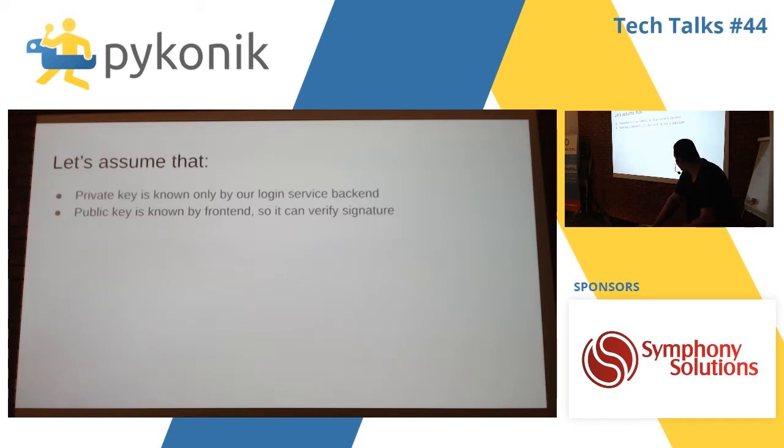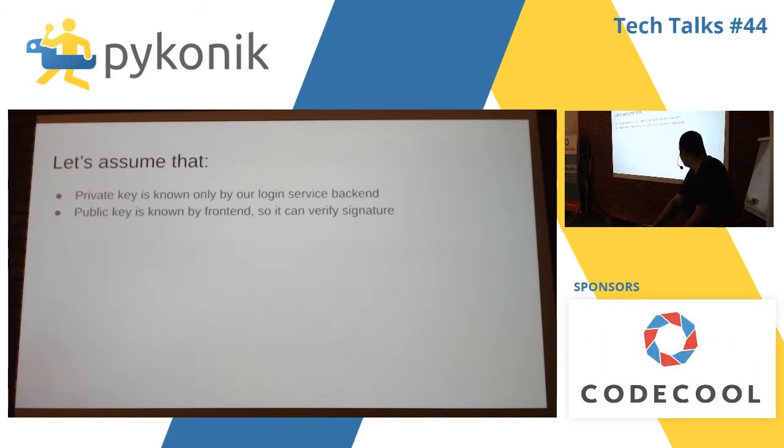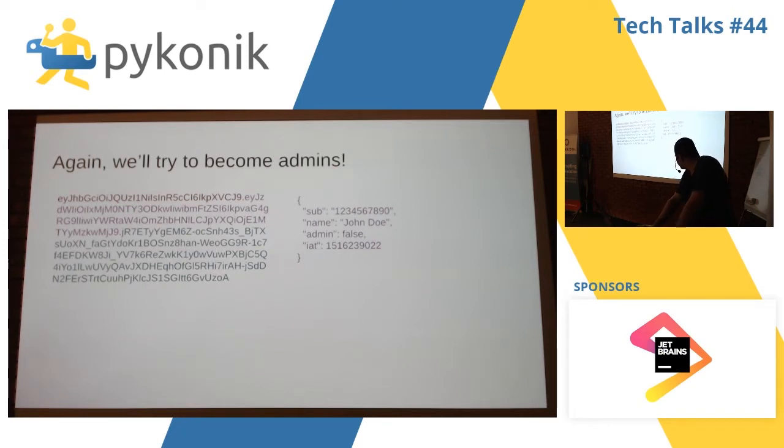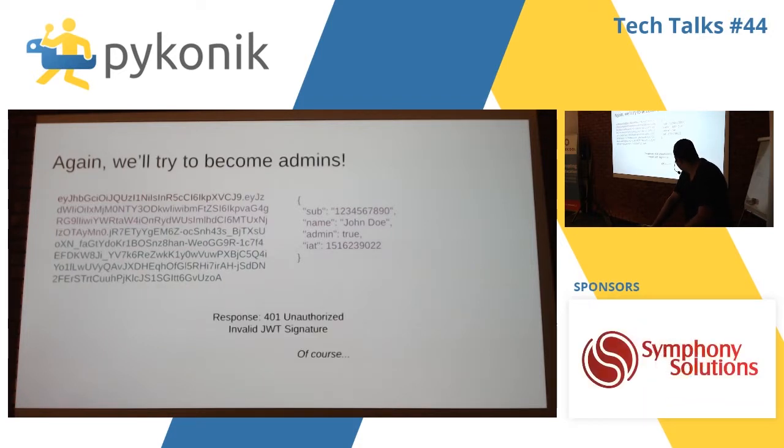The frontend can do it by itself and just tell the user that something is wrong, and he has to log in again. So there is the same data, but encoded with a different key, this time asymmetric, so the header is different and the signature is different. We change the admin flag to true, the data changes, and of course, it's an invalid signature.